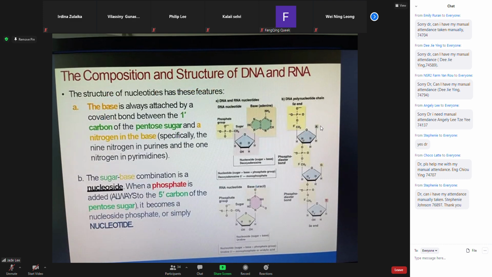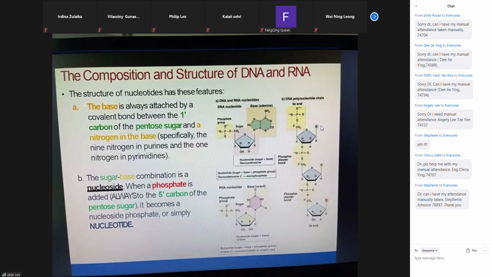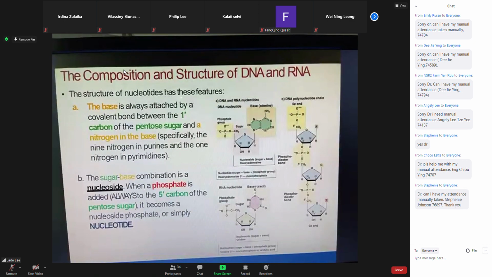Right. So the structure of the nucleotide has these features. First, the base is always attached by a covalent bond between the first carbon of the pentose sugar and a nitrogen in the base, specifically the 9 nitrogen in the purines and the 1 nitrogen in the pyrimidines, as you can see here.